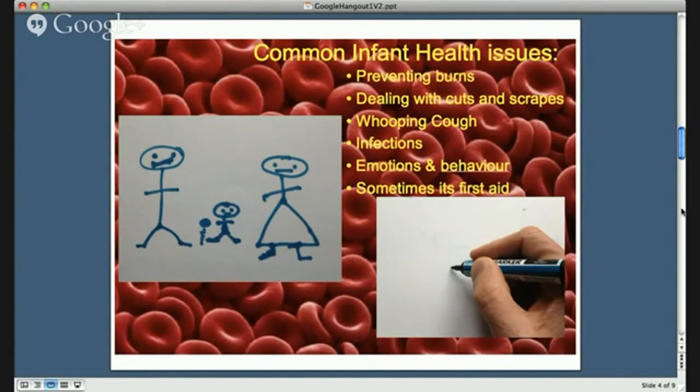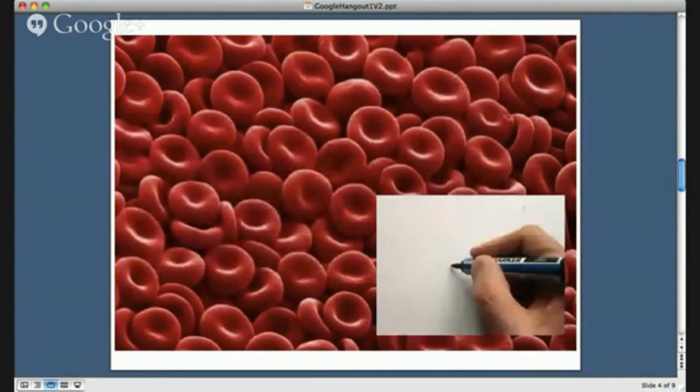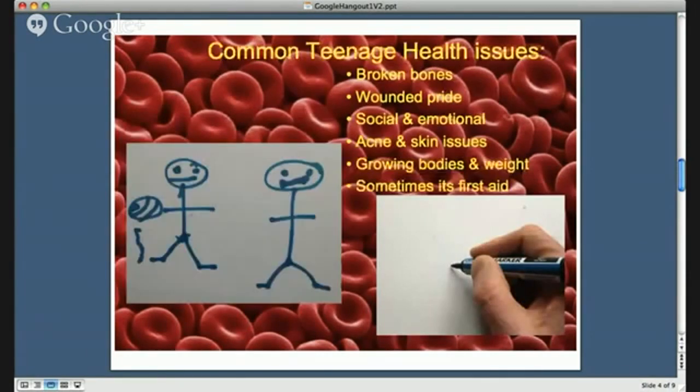But in this age group, and through our lives really, it also becomes an emotional issue, like our emotional health. How is our health emotionally and behaviourally as well? And again, sometimes it's about repairing after the event, so it's about first aid.